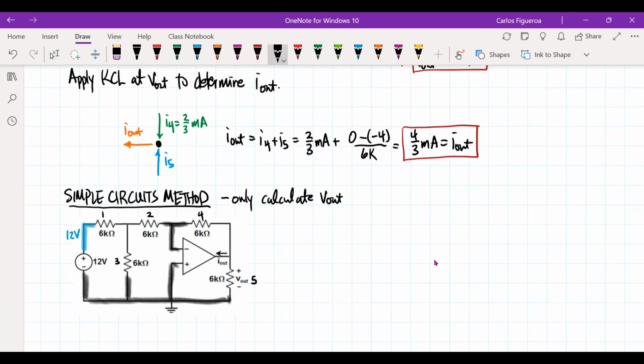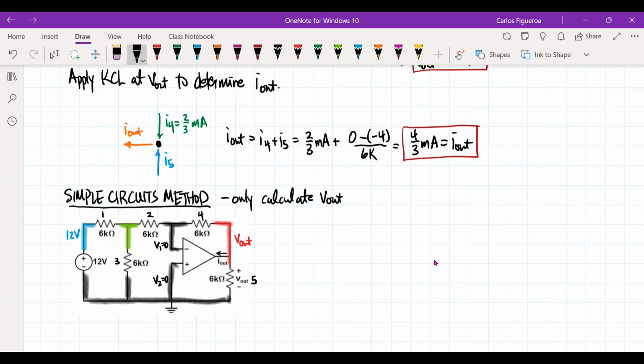Now if I look at this green node, note that the 2 and the 3 ohm resistors are connected to the same ground. And then we might as well put in Vout right here. I have V1 equal to 0 right there, just because I have V2 equal to 0.